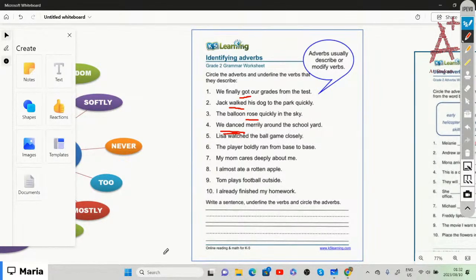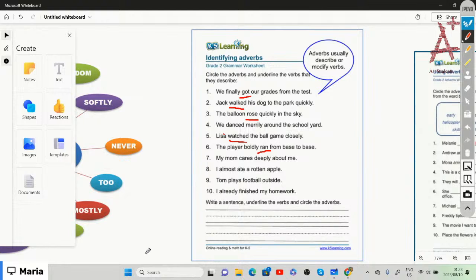So we need to underline the verb within that sentence. So we can then say watched. The player boldly ran from base to base. So ran is our verb. Ran is a verb.